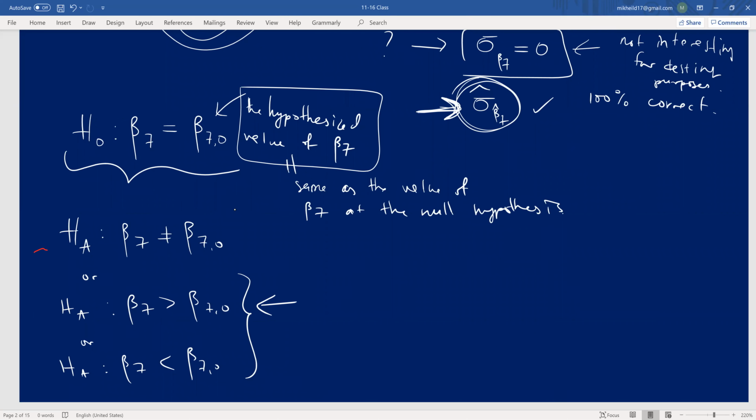Okay, let me challenge you a little bit. Will the critical values for the one-tailed test and for the two-tailed test be the same?